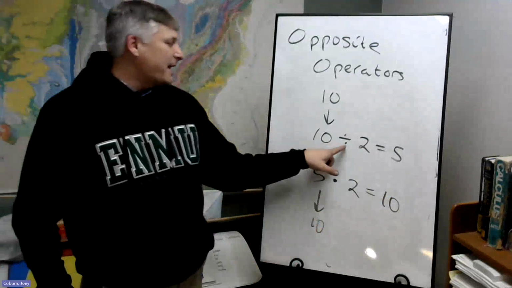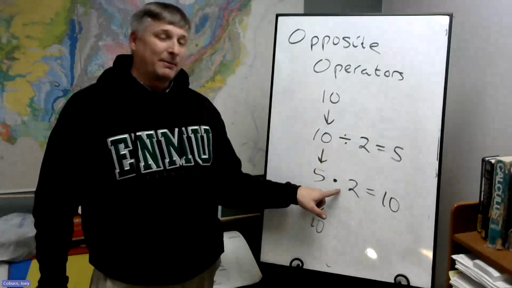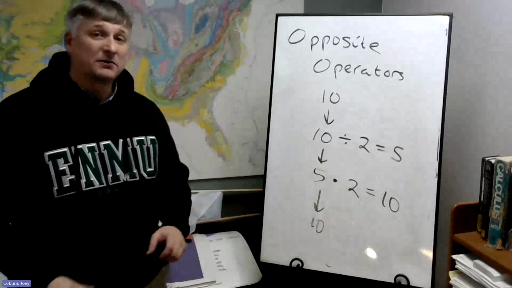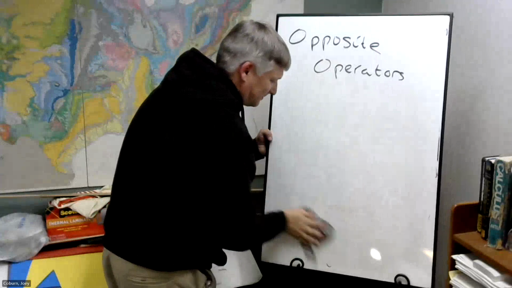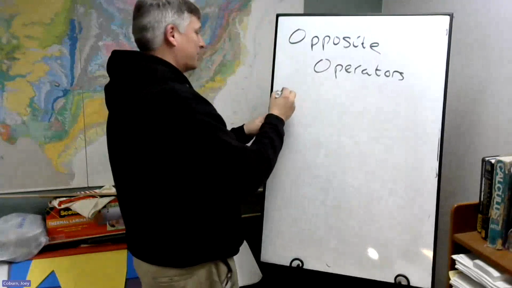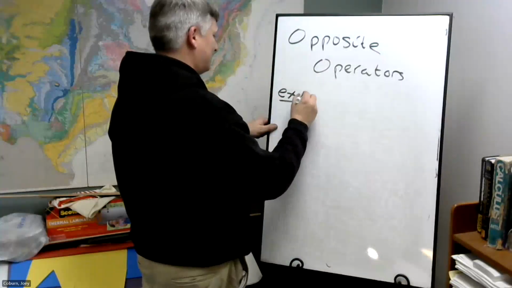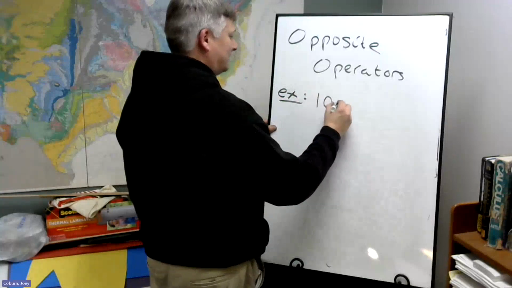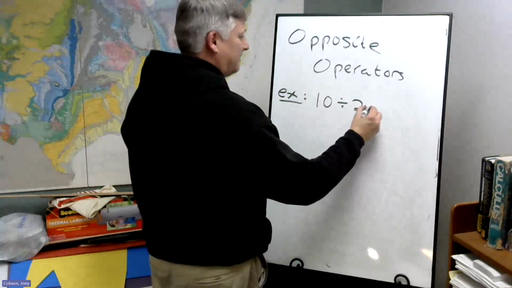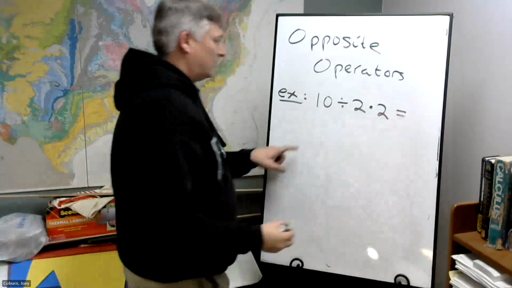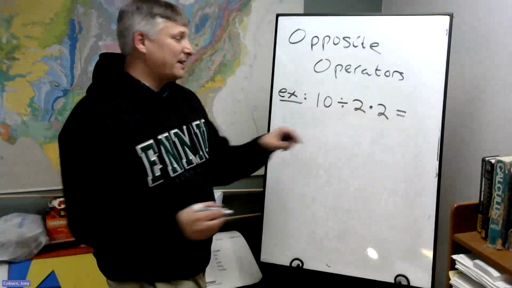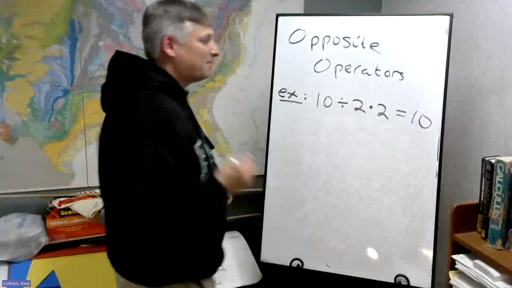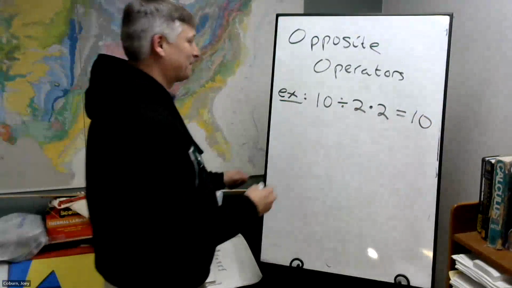So if we divide by 2, then multiply by 2, we get back to where we started. Or in other words, 10 divided by 2, then times 2. Well, 10 divided by 2 is 5. Then 5 times 2 is 10. We get back to where we started.